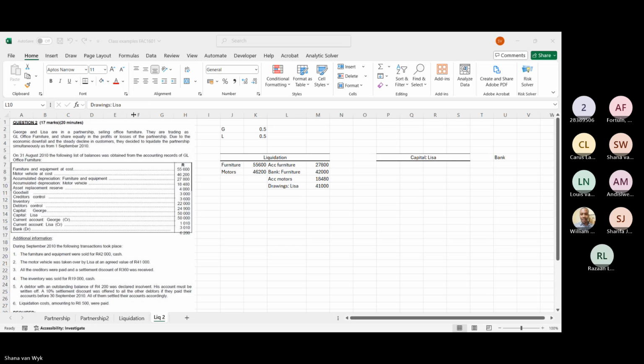Okay, motor vehicles. Wait, there's two accounts involved. I have encountered something like this before. Vehicle taken is capital in liquidation. I remember an example like that, I think exercise 4.1. Where are my notes?